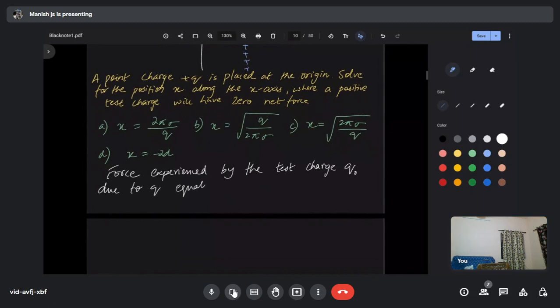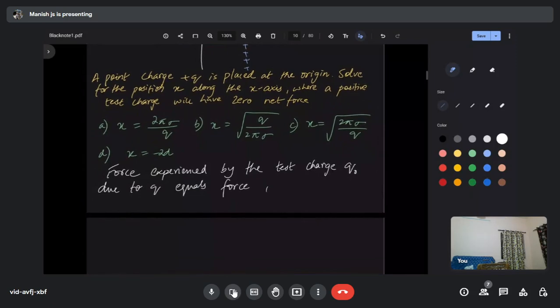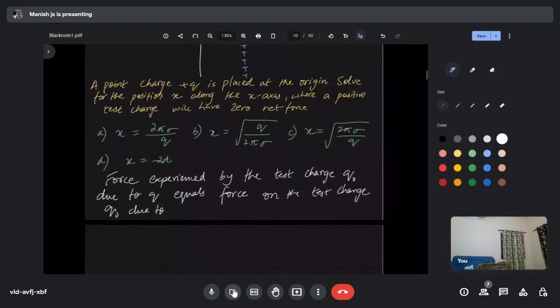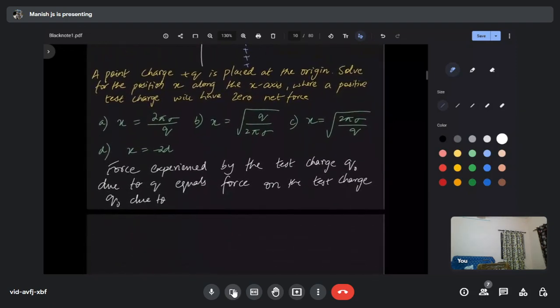equals, or is going to be balanced by, the force on the test charge q naught due to the charged plate, the charged area, the positive area.